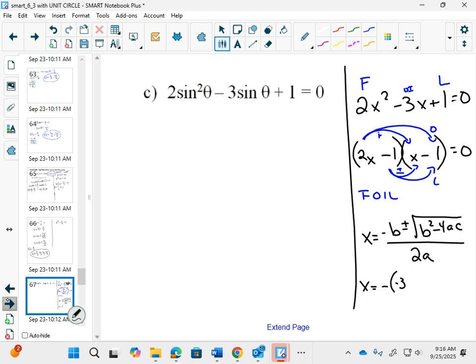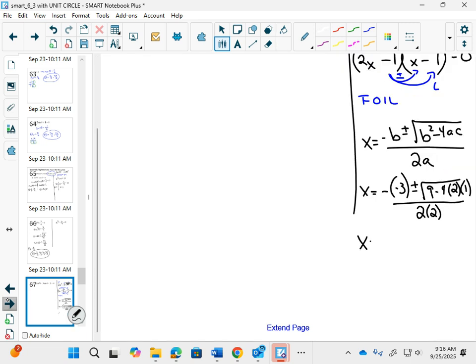Well, my b value is negative 3. Plus or minus the square root: negative 3 squared would be 9, minus 4 times a, which is 2, times c, which was 1, over 2 times a. Negative negative would be positive, plus or minus the square root of 9 minus 8, which is 1, over 4. Square root of 1 is 1.